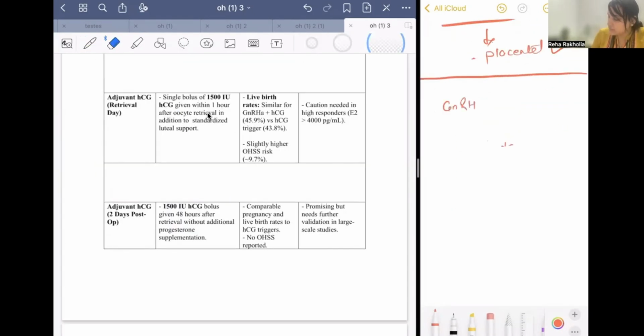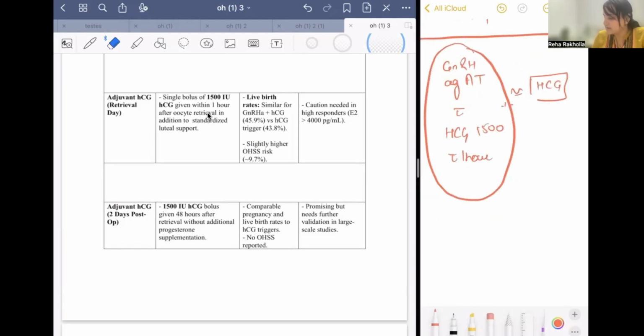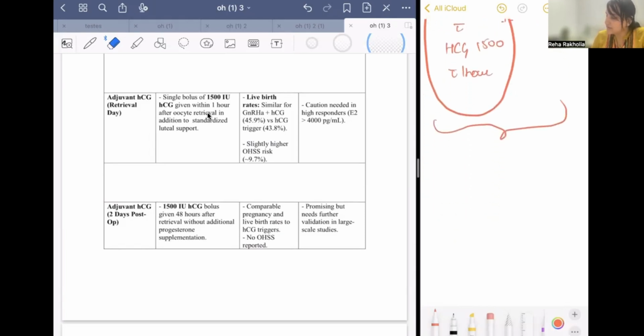GnRH agonist trigger with HCG, which was given within 1 hour, 1500 HCG, was compared with HCG trigger alone. So this shows that pregnancy rate were comparable, but there was slightly higher risk of OHSS with this protocol.